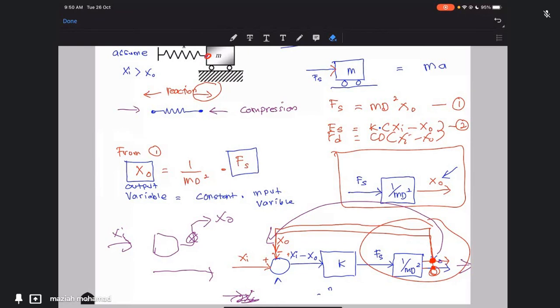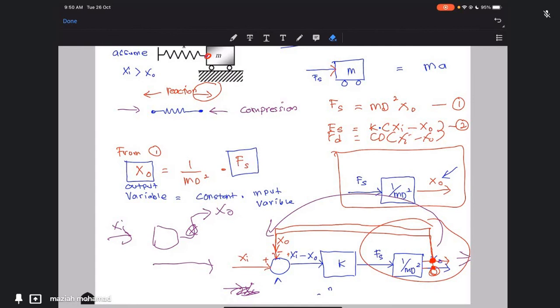Basically, it doesn't matter whether equation number 1 or number 2, but actually if you start with the equation that contains the term md square, the main equation, which is the summation of force on the mass system, your block diagram will become more simple.